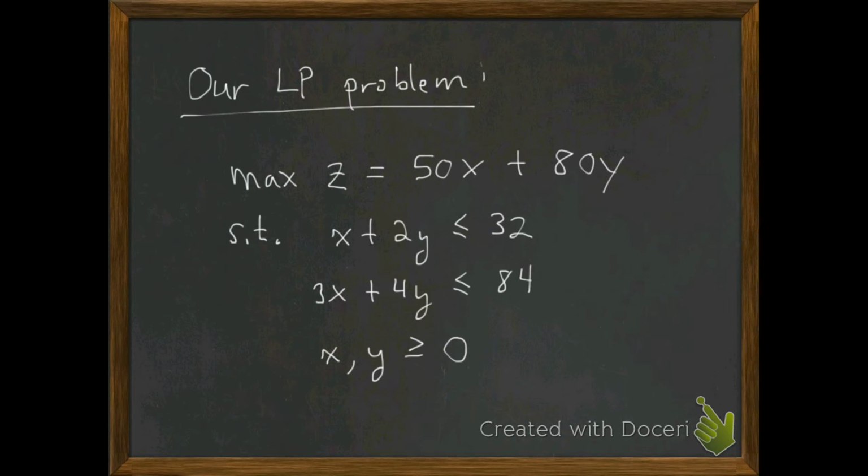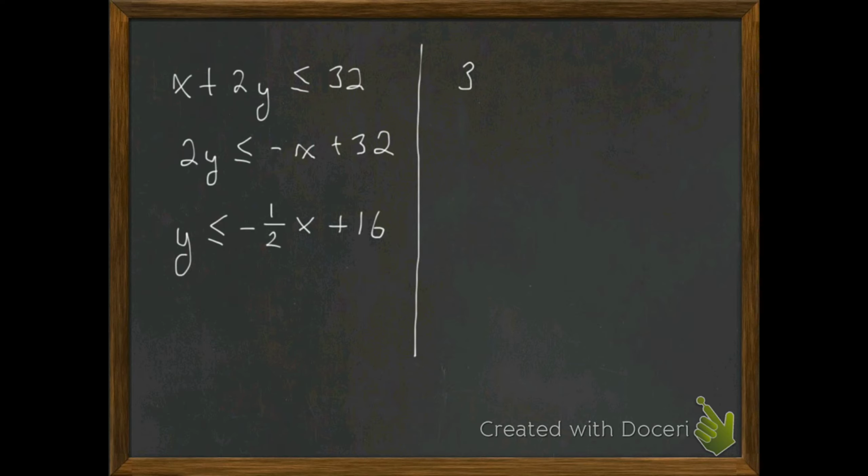3x plus 4y less than or equal to 84. Subtract 3x from both sides. Divide everything by 4.